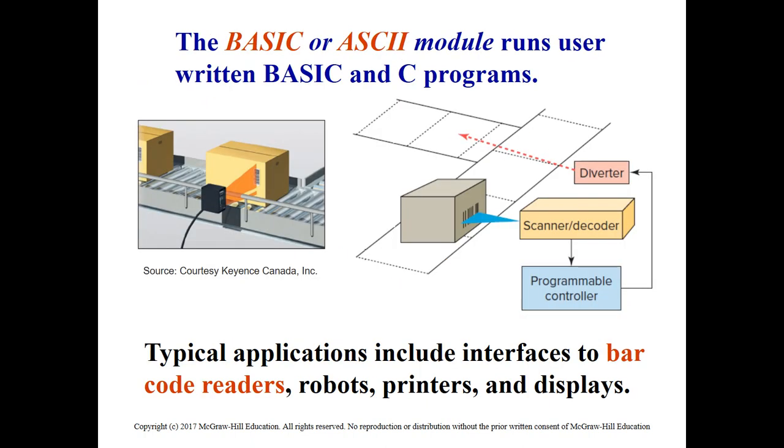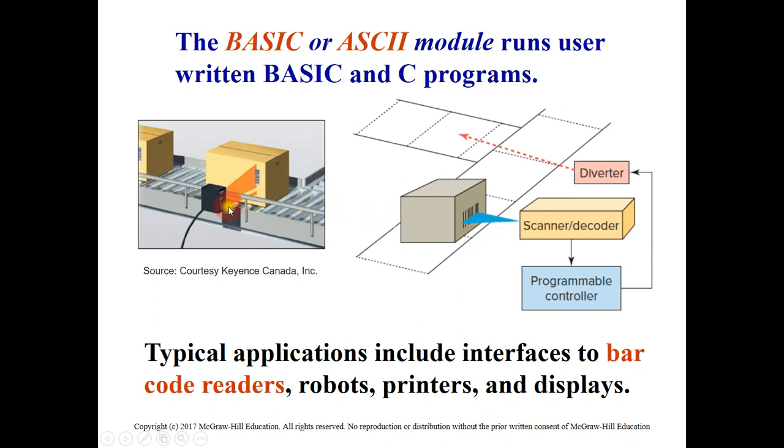Another special module is the ASCII module, which, as we mentioned before, is used for scanners or decoders. For barcode readers, we use a special module which can read, or update, the data from the barcode into the PLC system.